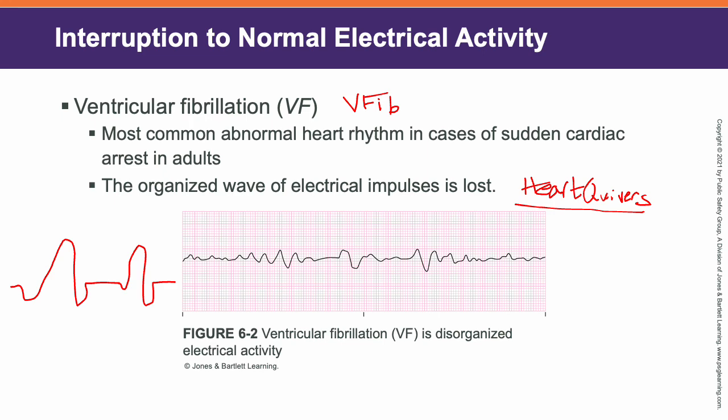That natural, regular-looking impulse is lost, and because it quivers like that, it's not able to pump blood effectively, so that you can get blood to the body. This is a shockable rhythm. VFib is shockable, meaning that the AED can correct this abnormal rhythm. I'm getting better at writing this, seriously.